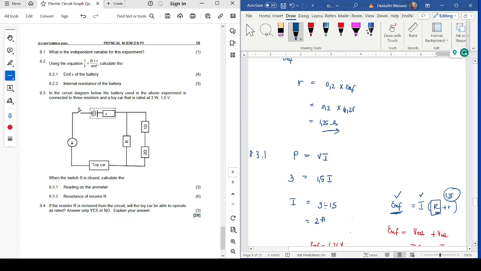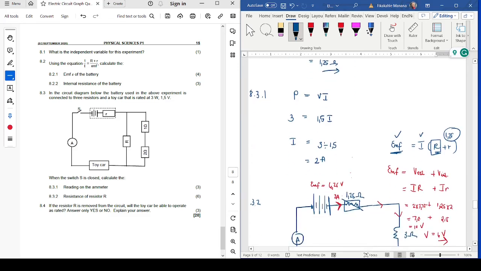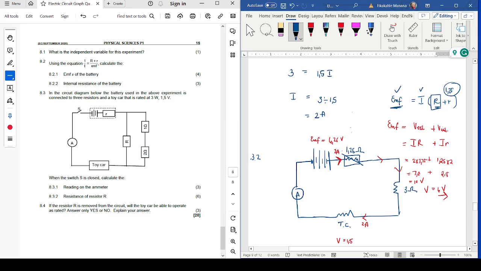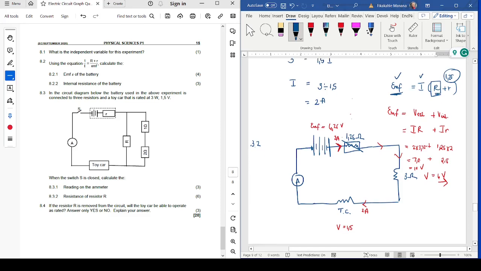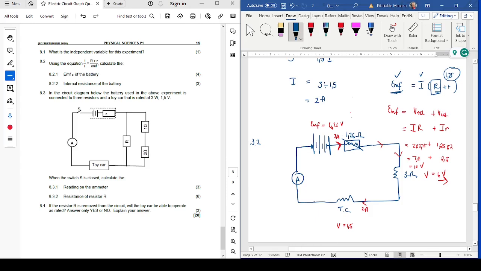So yeah, resistor R being removed, the car will not be able to operate as rated, because it's rated 3 watts, 1,5 volts. So that will not happen anymore. By us decreasing the current, you will not get that V of 1,5 anymore, or that power of 3 watts.